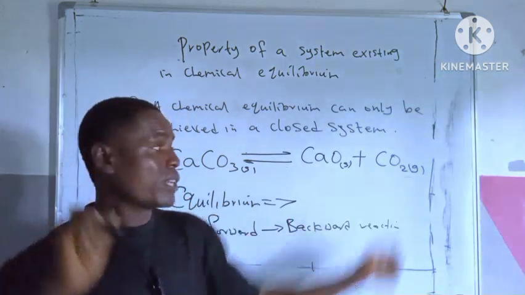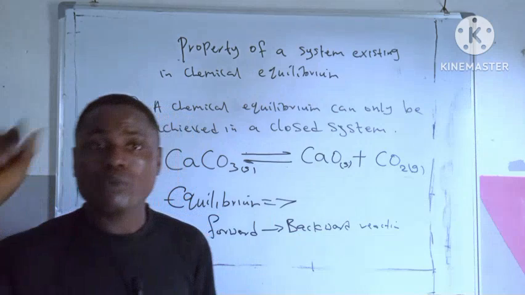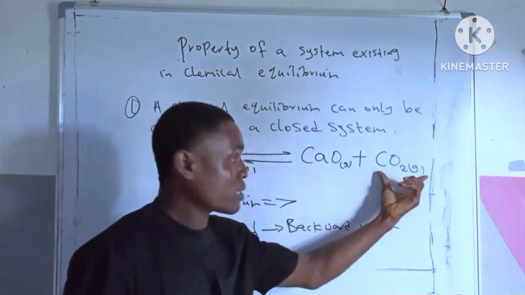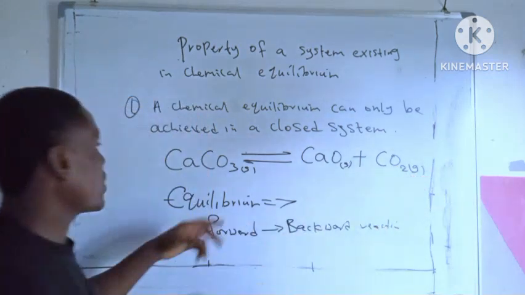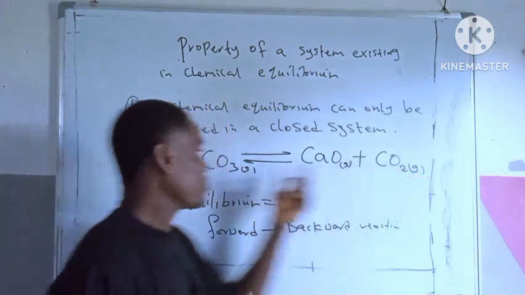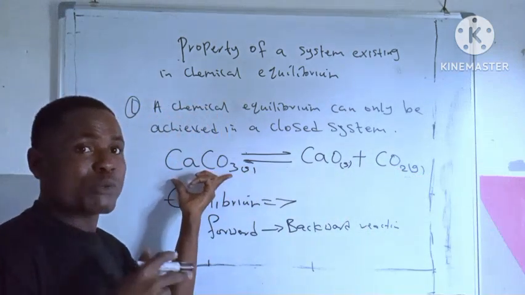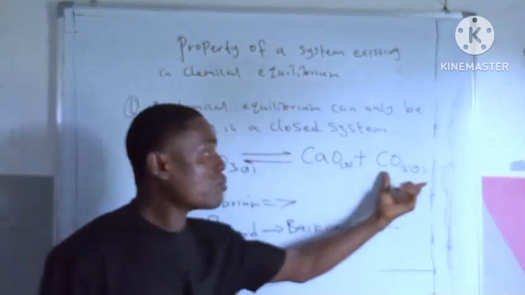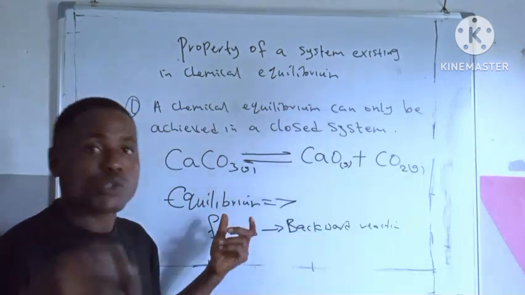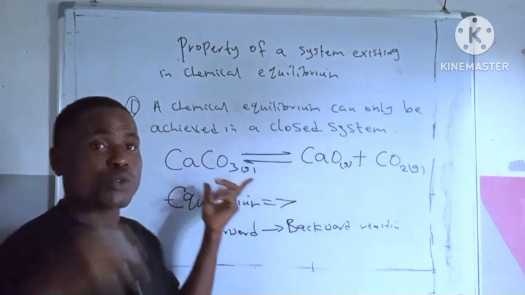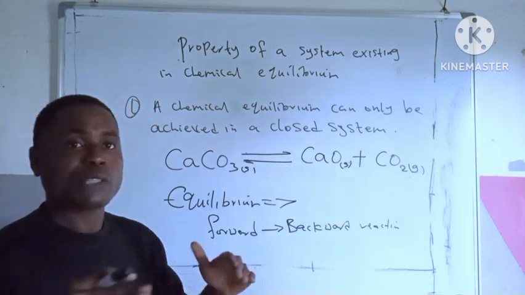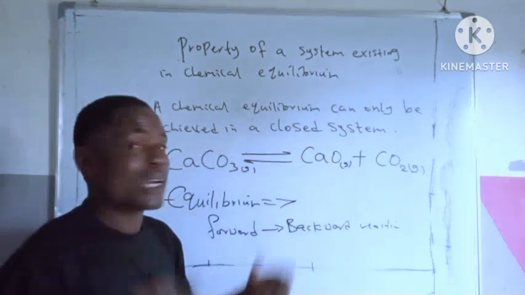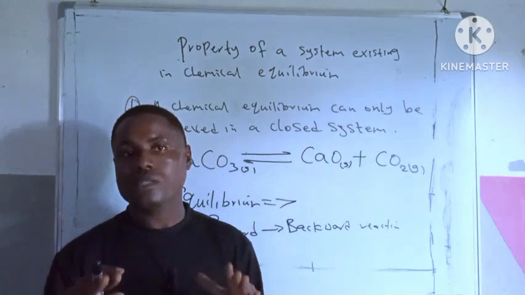I mean, if the reaction is taking place in an open vessel, since it's a gas, it will keep escaping. As this gas escapes, more of this compound will decompose to form more carbon(IV) oxide. It will come to a point where this compound will be used up. So at that particular point, this reaction cannot attain equilibrium state again.